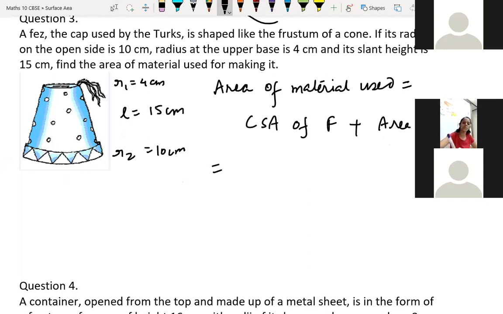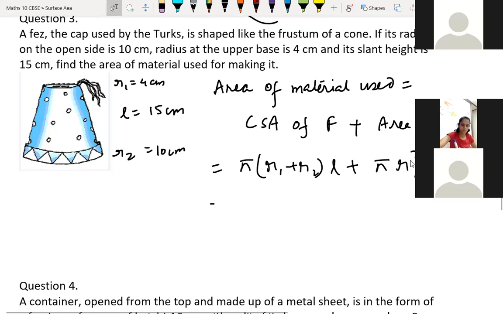So we can write here CSA of frustum plus area of small circle. Or sir, we can do TSA minus area of the larger down circle. Yes, you can do either: total TSA minus area of bigger circle. Yes, you are correct. That also we can do.